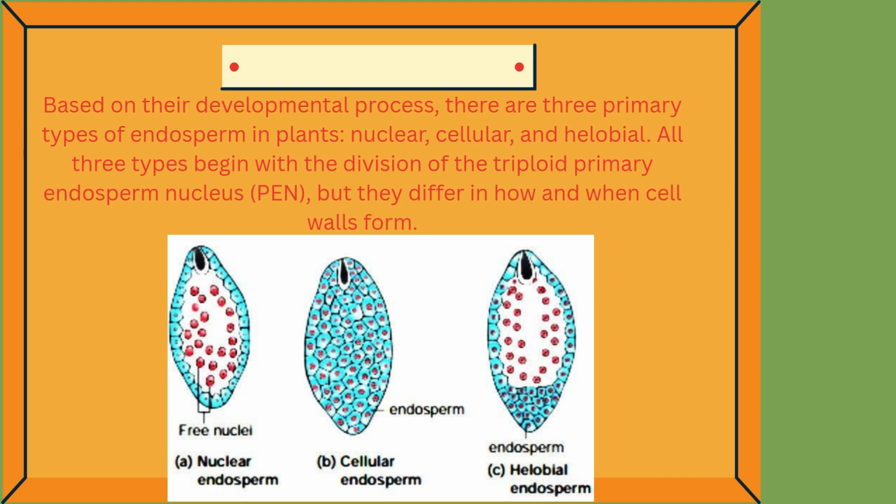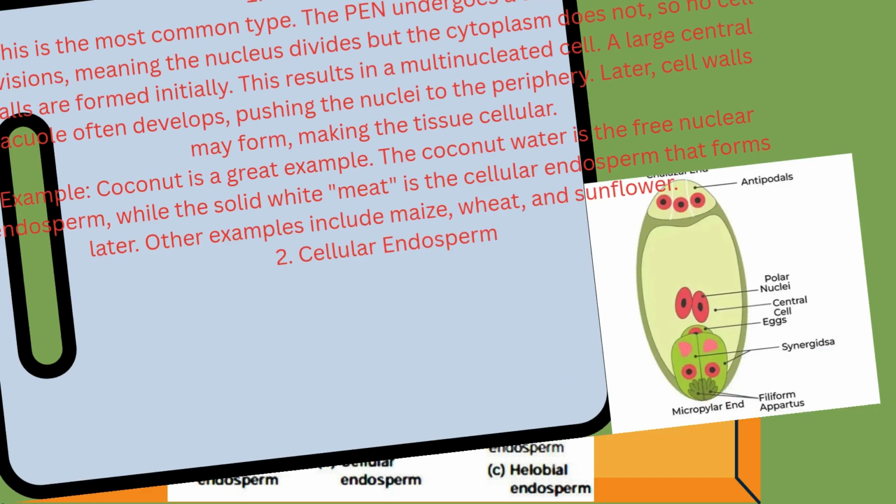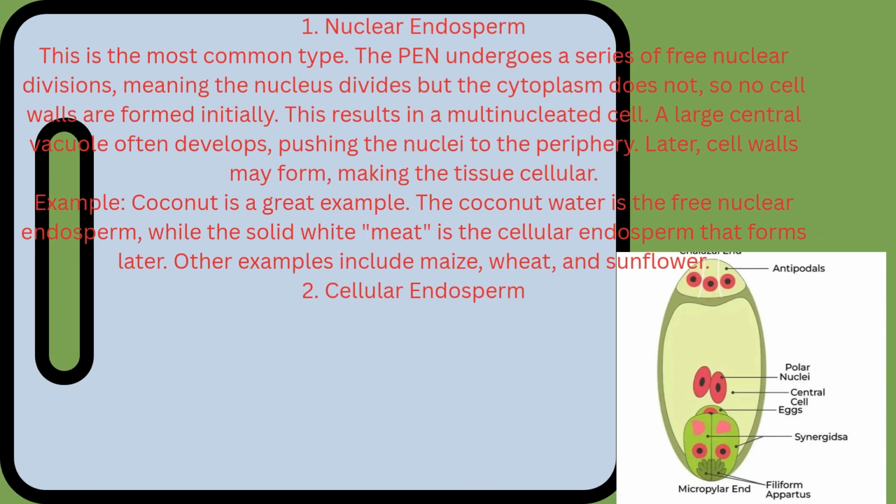The first is nuclear, the second is cellular, and the third is helobial. These three types begin with the division of the triploid primary endosperm nucleus, but they differ in how and when the cell wall forms.